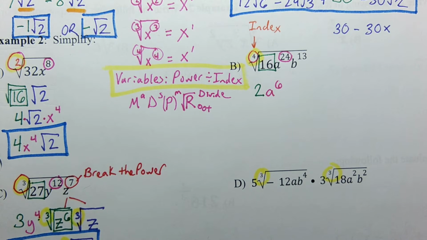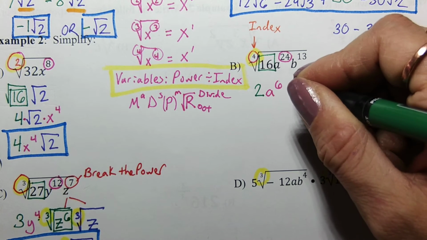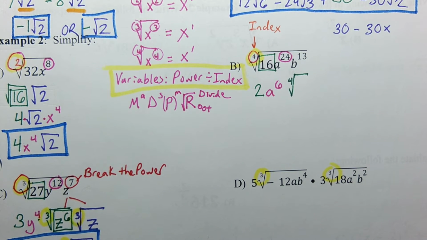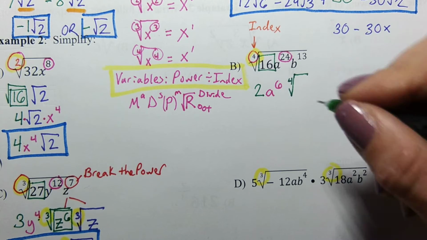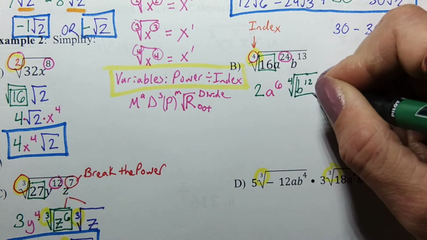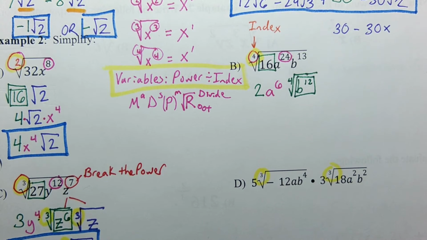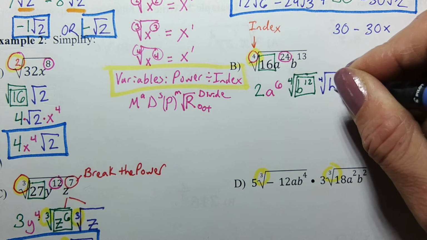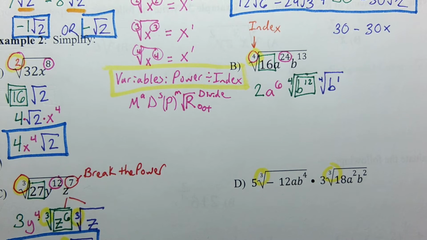Now b to the 13th. I do not want to have 13 fourths. We want to break this into a power of b that is divisible by 4, but is smaller than 13. So what's smaller than 13 that I can divide by 4? B to the 12th. And what power of b is left over? B to the 1st, or just b.